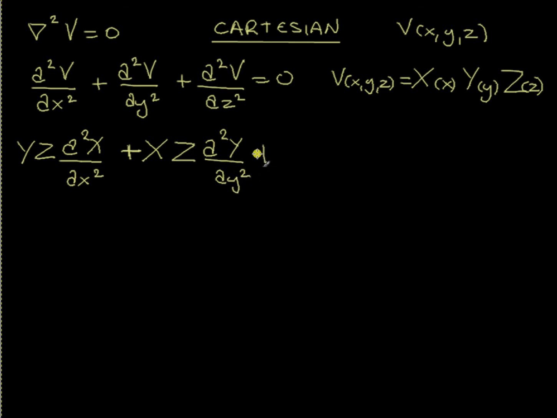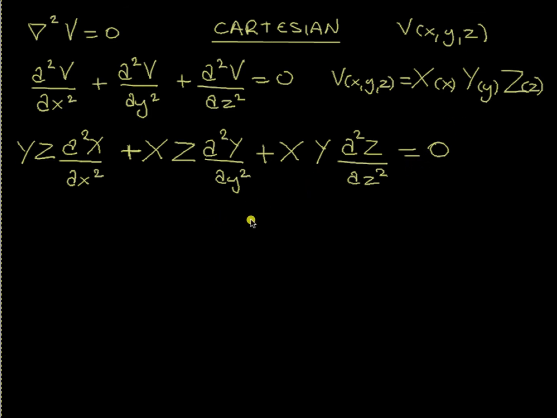And similarly, for that last term, I will have the x function times the y function times the second partial derivative of the z function with respect to z, and this needs to be equal to 0.